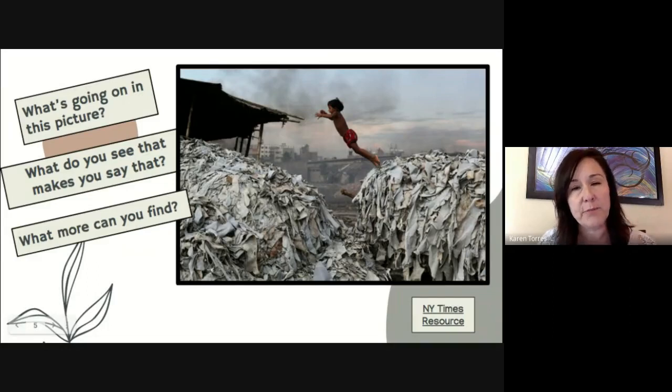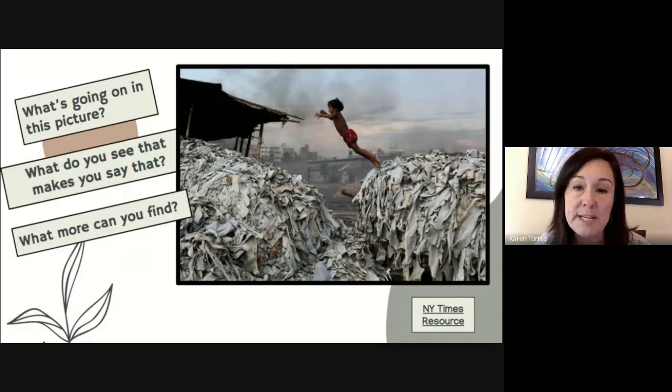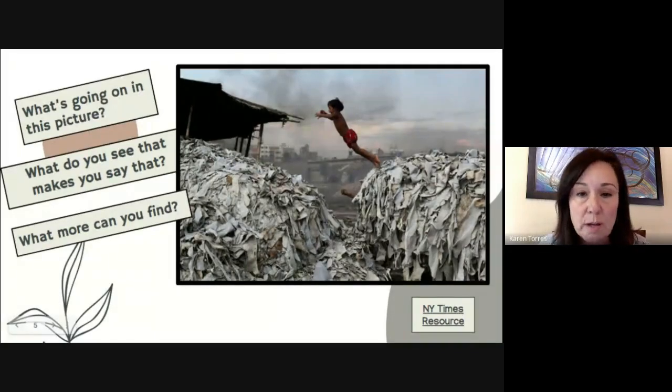Before we move on, I wanted to give you the answer of what this image actually is. It's pretty interesting. It's an image of a child playing and jumping on the waste products that were used to make poultry feed in a tannery in Bangladesh. The picture was taken on October 9th of 2012, sorry.